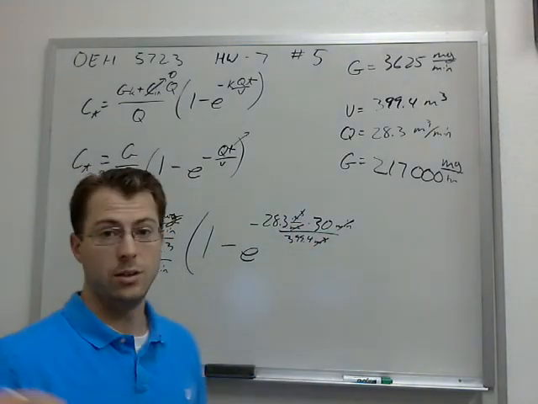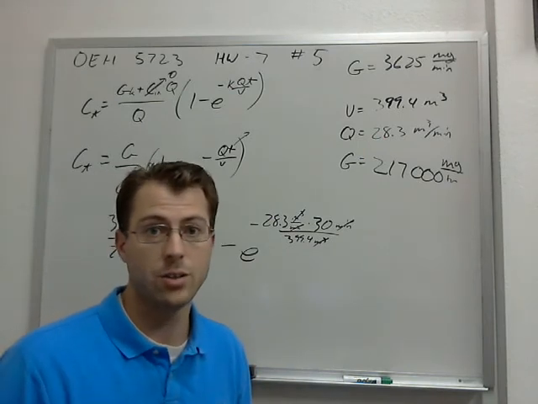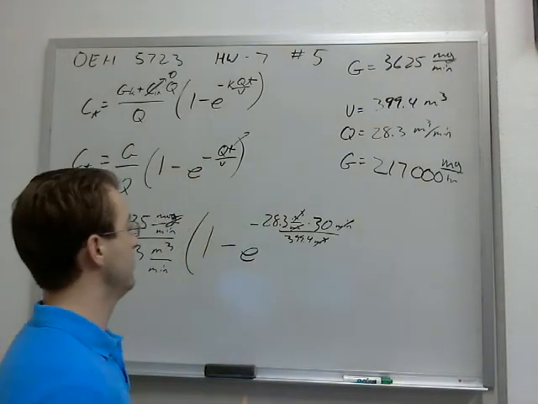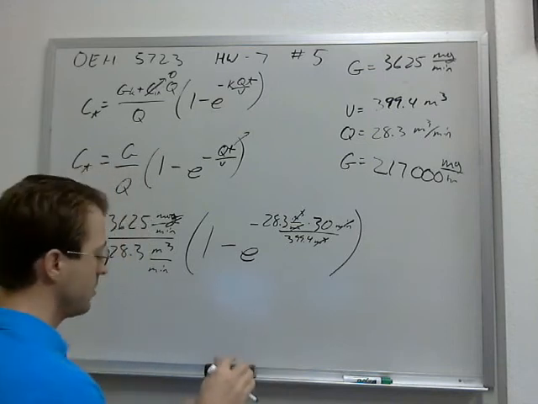So we're left with no dimensions in our exponent, which is good. We don't want to have to try to figure out how to interpret doing an exponential function on these units.